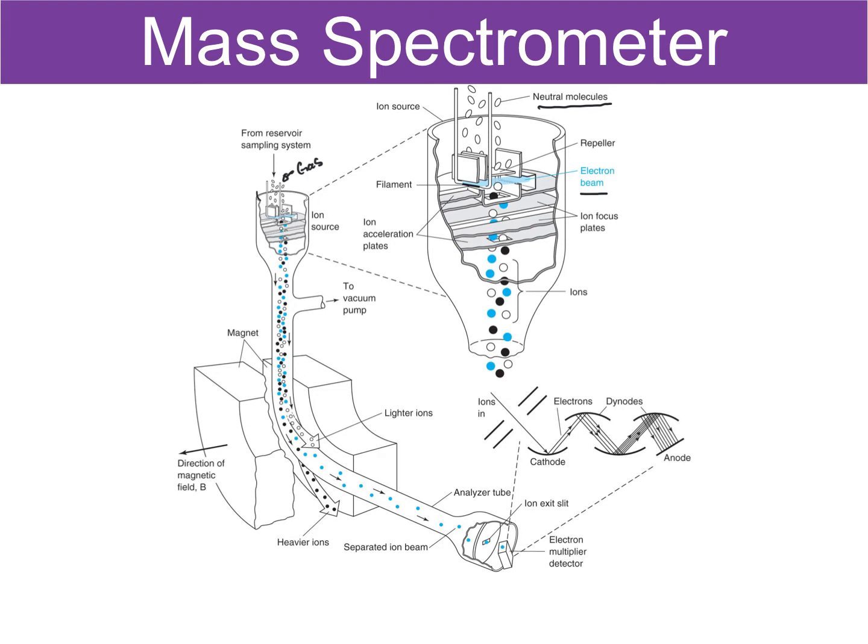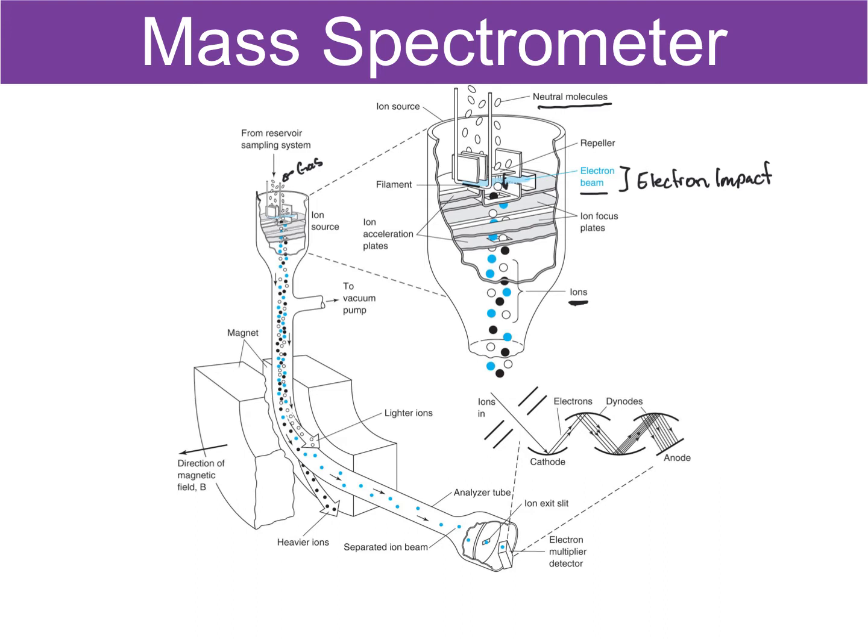And so this is what we would call an electron impact source. And what that does is these neutral molecules go through this electron beam, and the electron beam adds and removes electrons, making these molecules into ions.